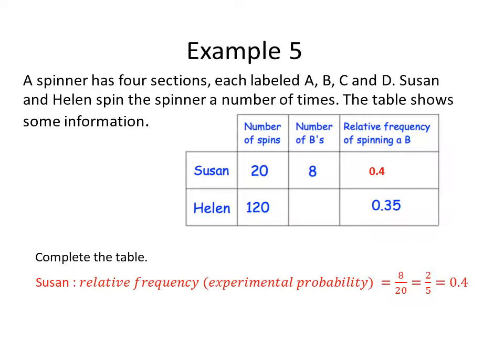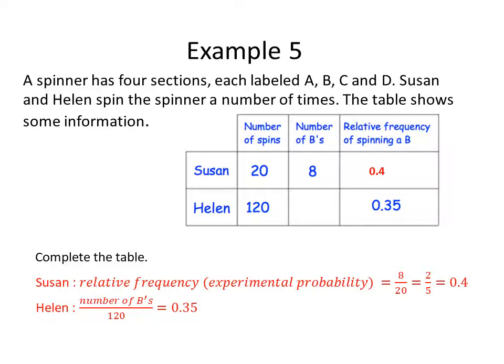To find the number of B's Helen gets, we will use the formula. We know that the experimental probability, or the relative frequency, is equal to the number of times we get B out of the total number of spins for Helen, which is 120.